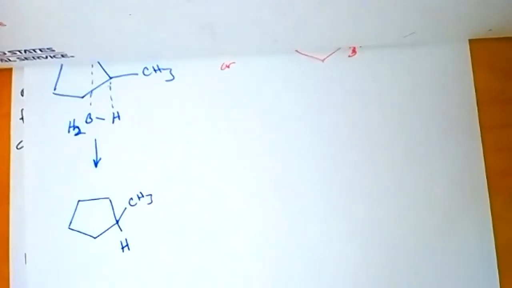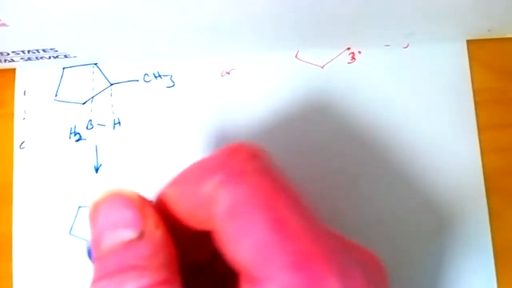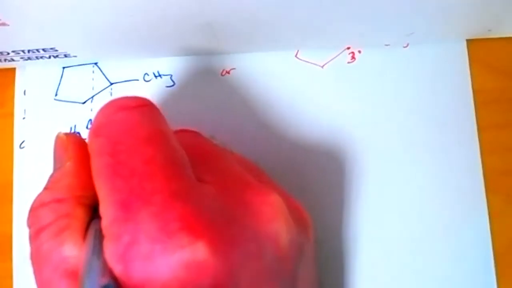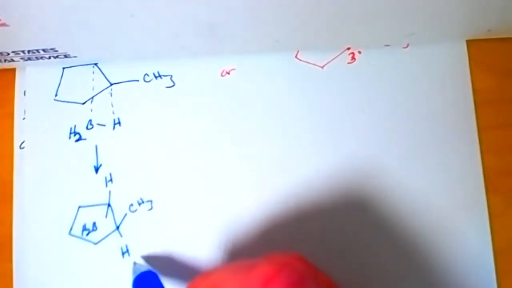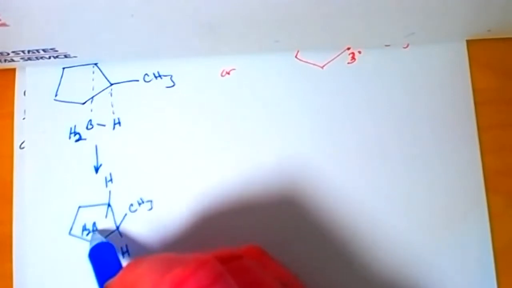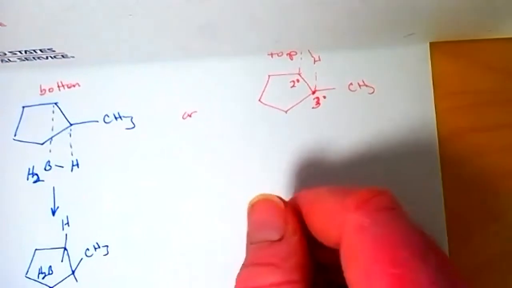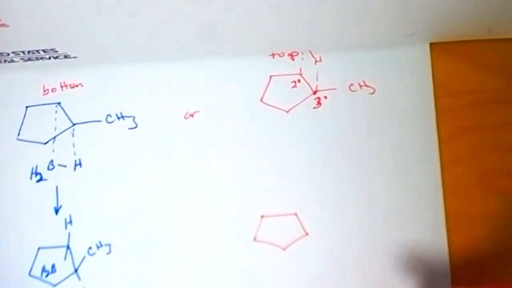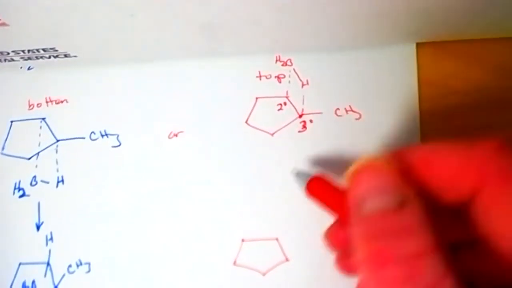So one where you have the hydrogen here underneath the CH3. Again, on the same face where you added the hydrogen, that's where the BH2 would be. Or where it adds from the top.